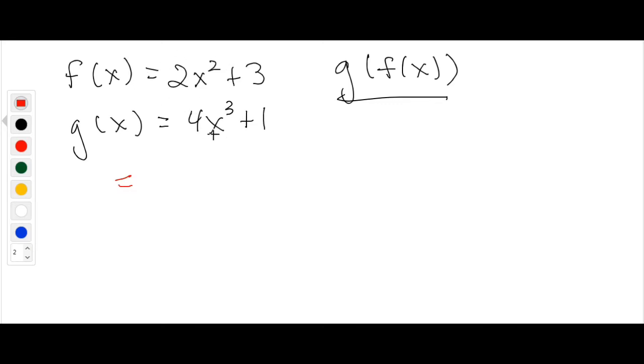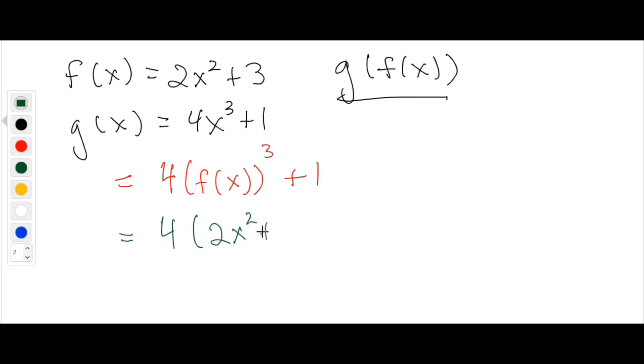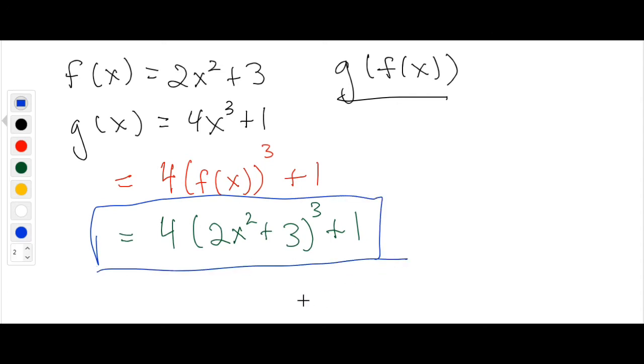This is going inside here. So for f of x, and then we have the whole quantity there cubed, we've got to make sure we have those extra parentheses, plus 1. Then you're going to actually plug in the numbers. So in turn, it should look like this. I probably won't simplify this all out, but you should get an answer when they're all plugged in, something similar to that.